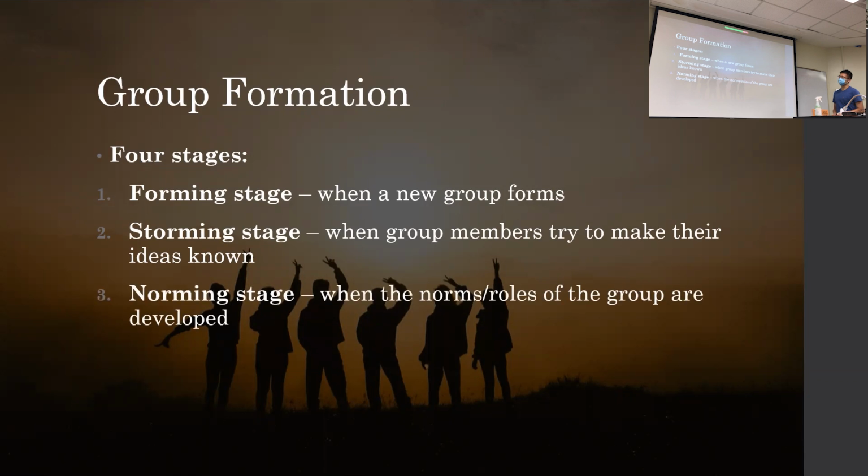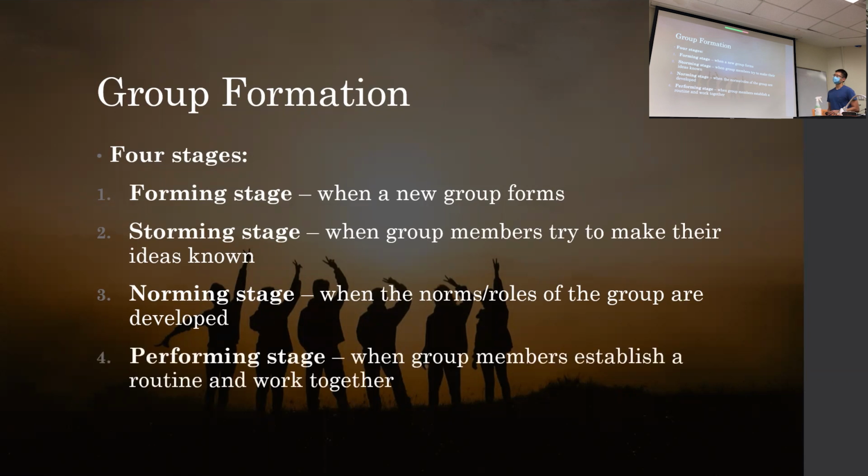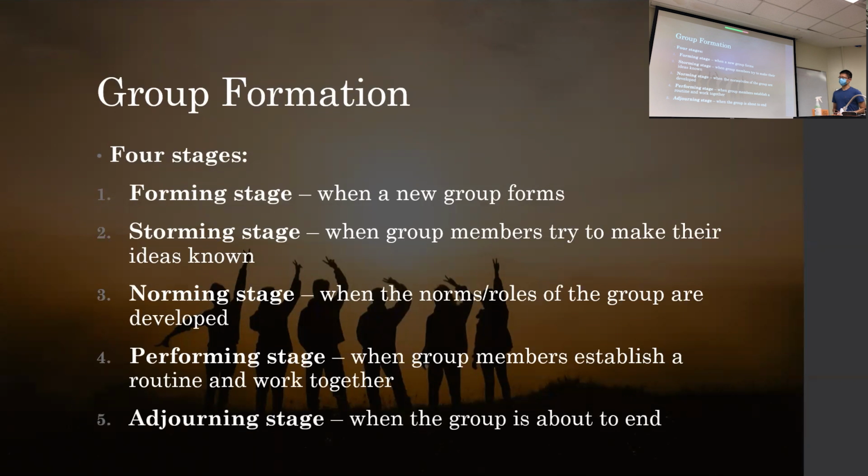The norming stage is when the norms or roles of the group are developed. Then we have the performing stage, when group members establish a routine and work together. And lastly, we have the adjourning stage. That's when the group is about to end.